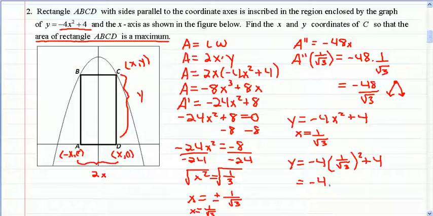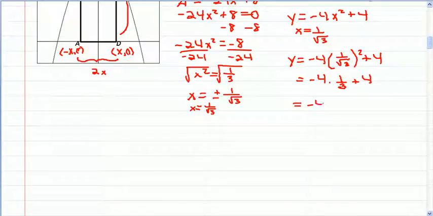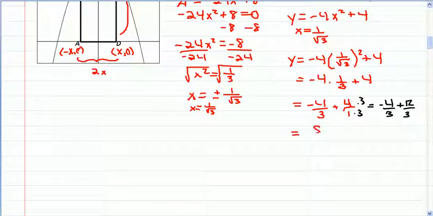So I have negative 4 times 1 over the square root of 3 squared is 1 over 3. So that I get y is equal to 8/3.